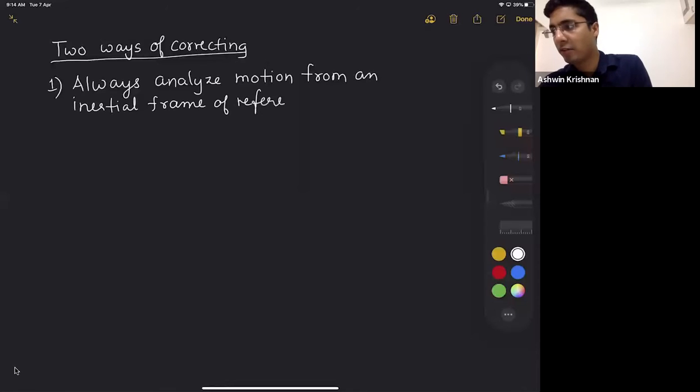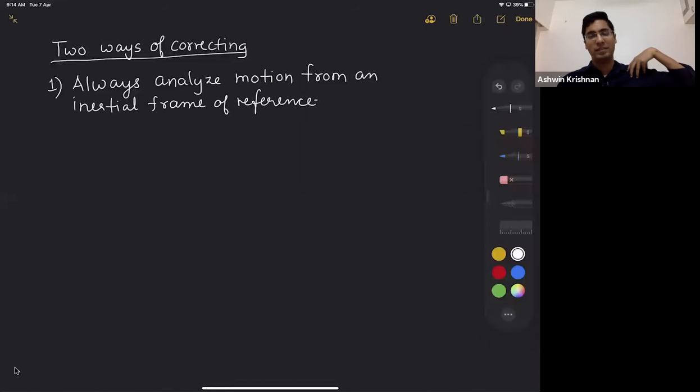So if the frame is inertial, even if the observer moves something, don't observe from his point of view, observe from someone else's point of view.